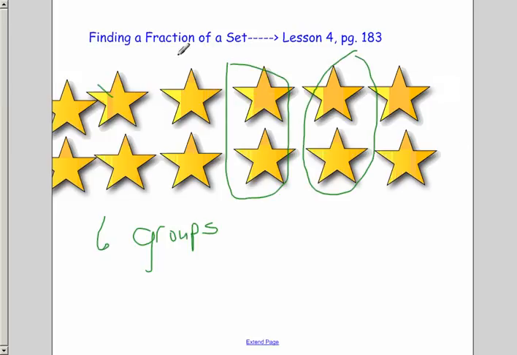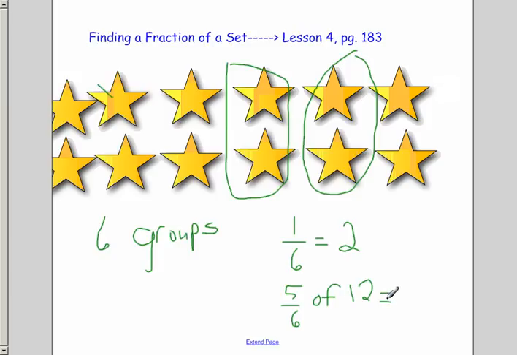They're all groups, 4 groups, 5 groups, 6 groups. Well, how many would be in one group of 6? How many stars would be in one group? 2. How many would be in 5 groups?